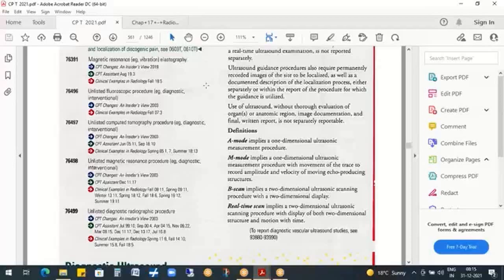How many types of ultrasounds are there? A mode, M mode, B scan, real time scan. Is it there or not?